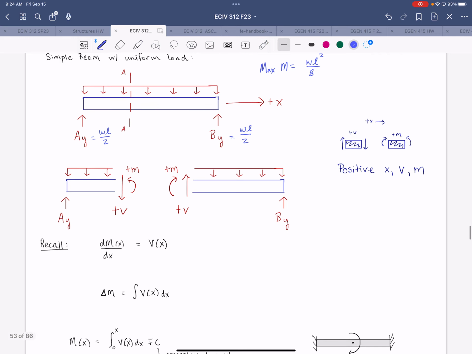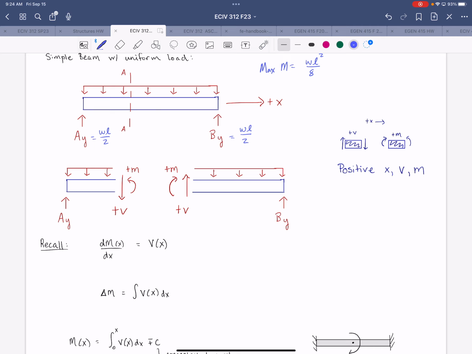All right, so now if you cut that beam, right, through section AA, for example, you expose the internal moments and shears. Positive directions are shown here, all right? So note that the positive direction changes depending on which side of the cut you're looking at. That's consistent with the positive directions shown here on either end of a segment, right?